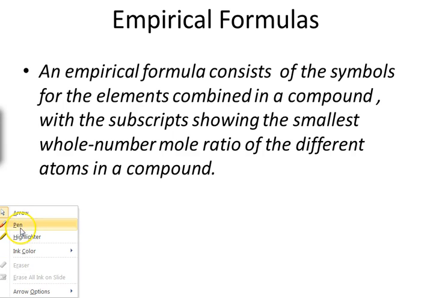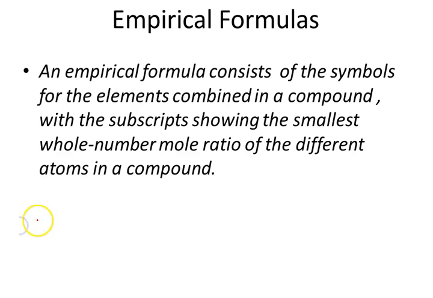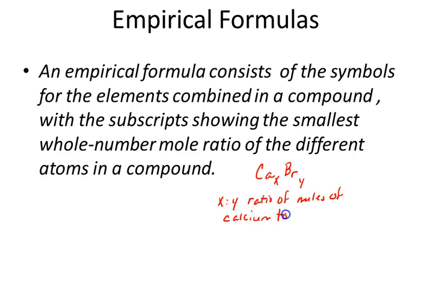So if we have, let's say, calcium and bromine, the empirical formula may be something like CaxBry, where x to y is the ratio of moles of calcium to bromine, or bromide, and it is the simplest ratio.